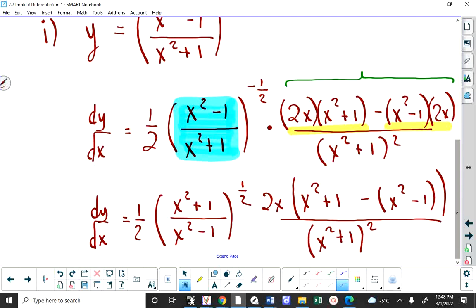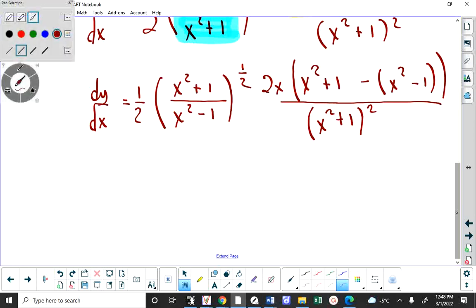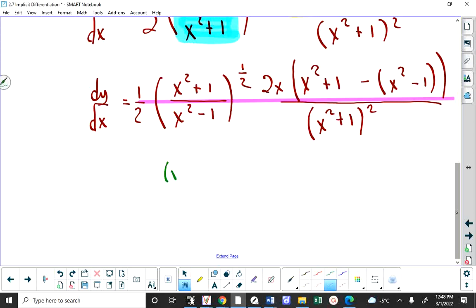Okay. Now, one of the things to understand here is that there's a line running through this whole thing. What do I mean by that? I mean, it's one big fraction. It's times, times, times everywhere. I can think of this piece here as being x squared plus 1 to the half over x squared plus 1, over x squared minus 1 to the half.